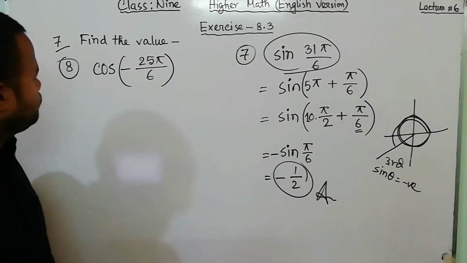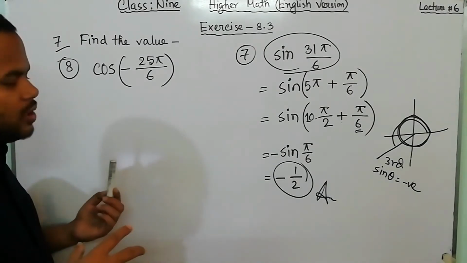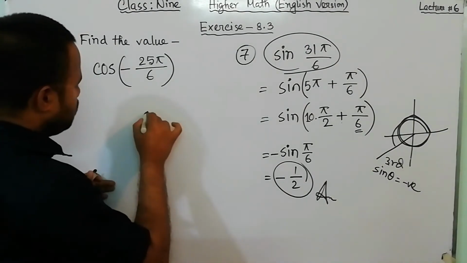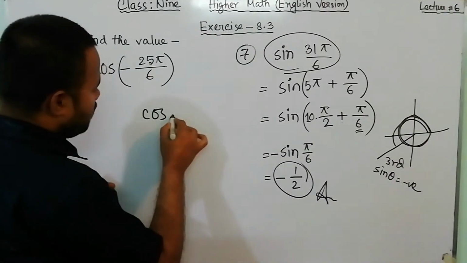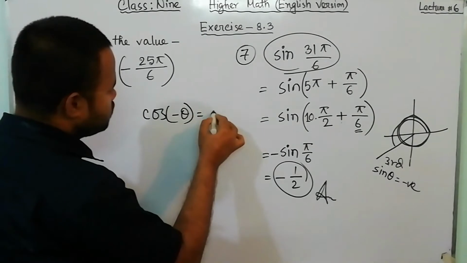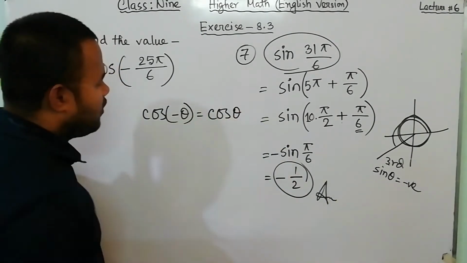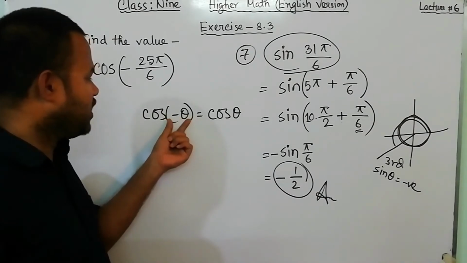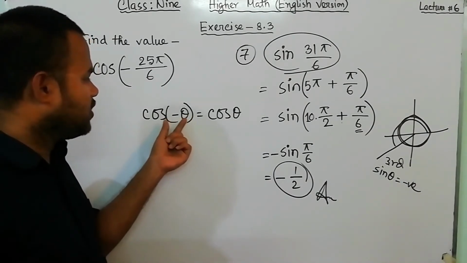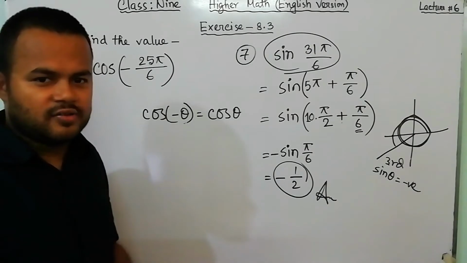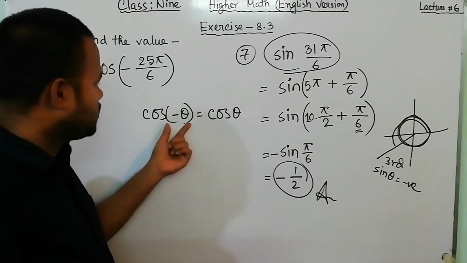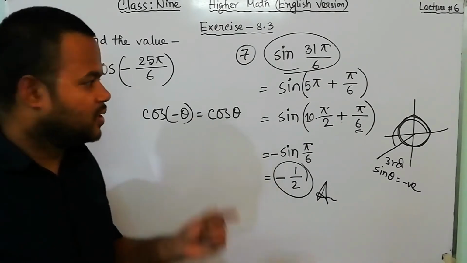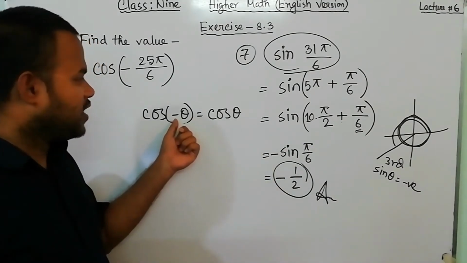Okay, here at first we use the term, that is we already know the value of cos minus theta equals cos theta. We already know that because this theta is negative, and this is considered as fourth quadrant. In fourth quadrant the value of cos theta and sec theta is positive. That's why this negative sign omits.